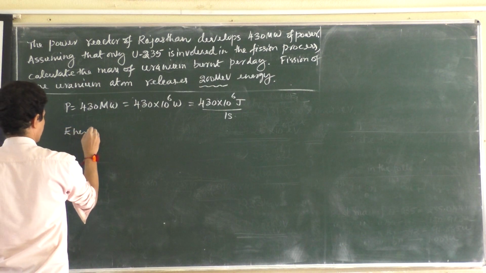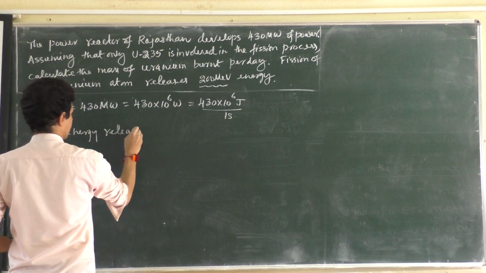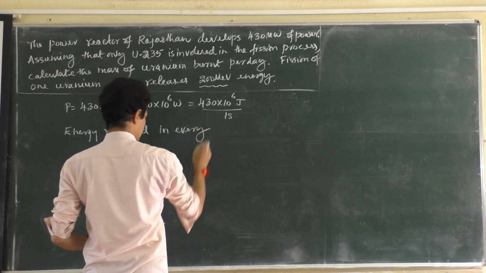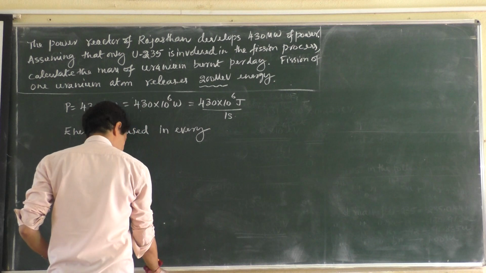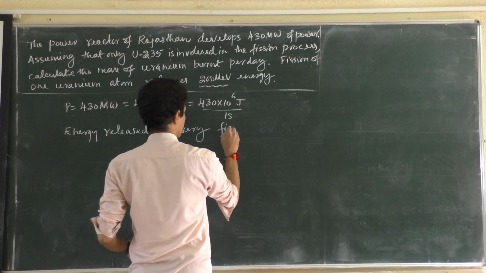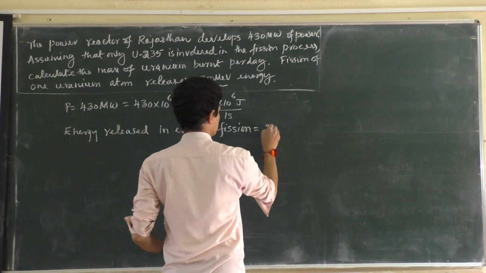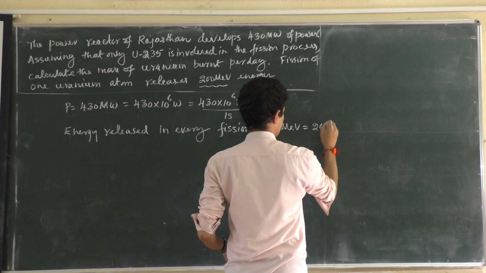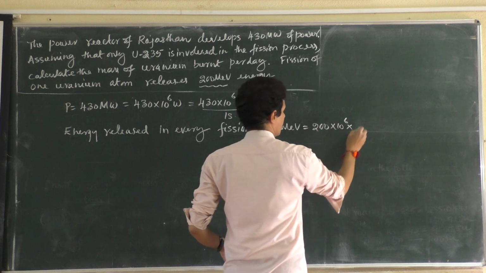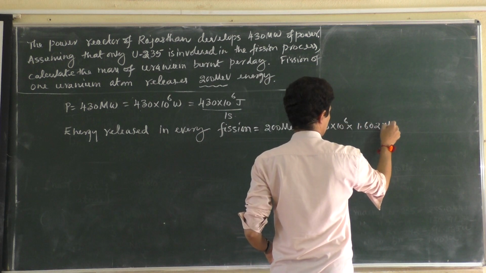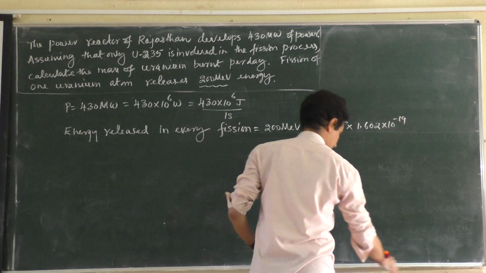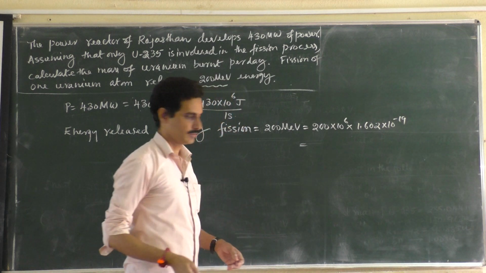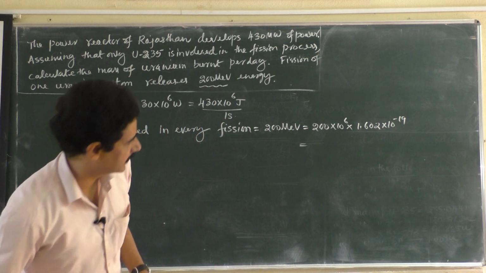Energy released in every fission is equal to 200 million electron volt. That is equal to 200 million into 1.602 into 10 to the power minus 19. That is equal to, how much is 200 into 1.602 into 10 to the power minus 19?